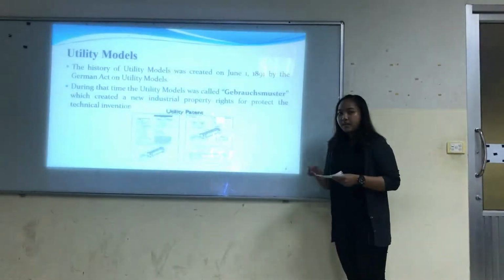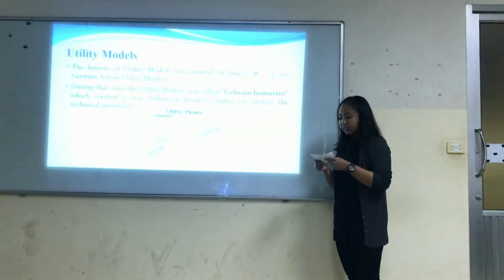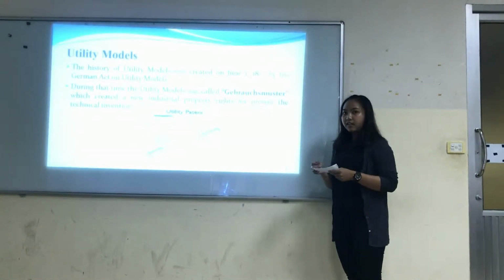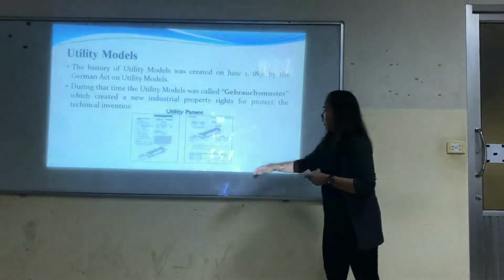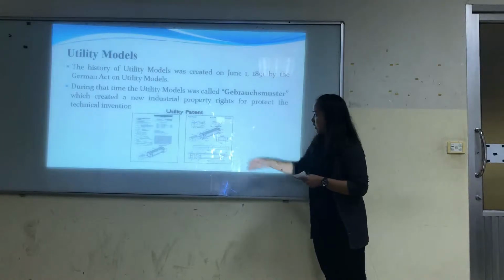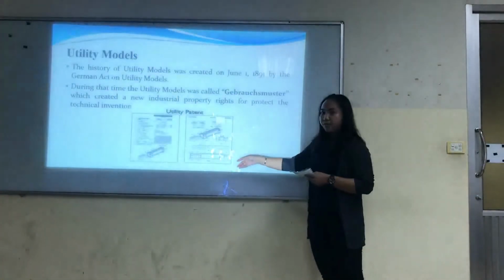During that time, they created the utility model in order to protect the new industrial property right for the inventor. And here you can see the utility model or utility patent platform.